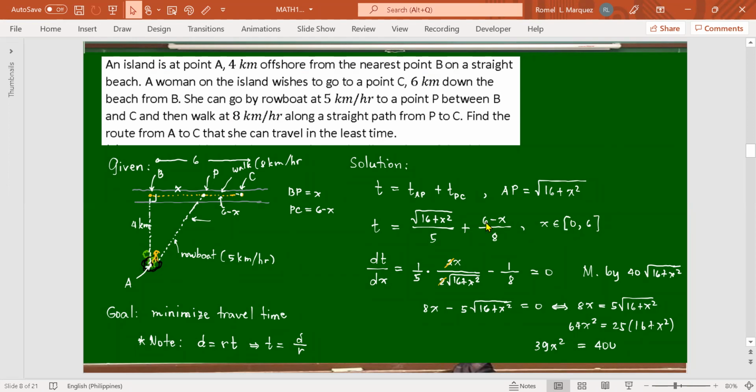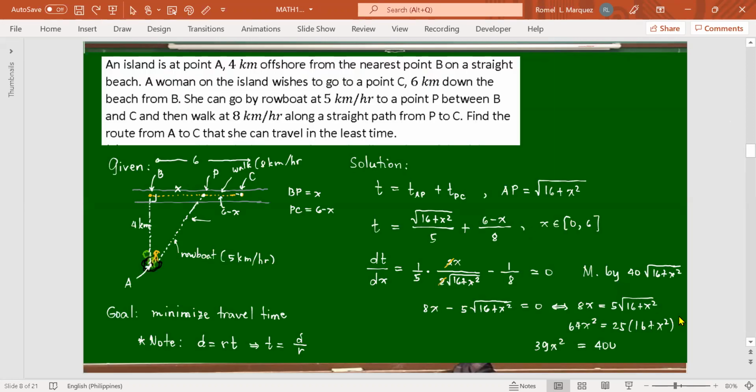Yan lang ang maximum eh. Magne-negative yun. So, x squared is 400 over 39.